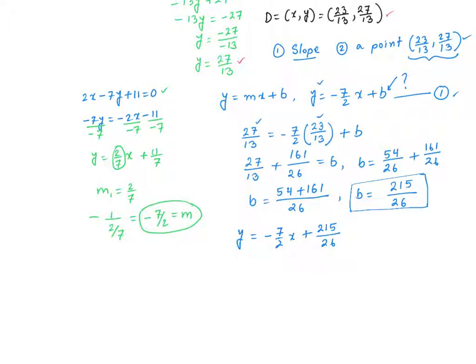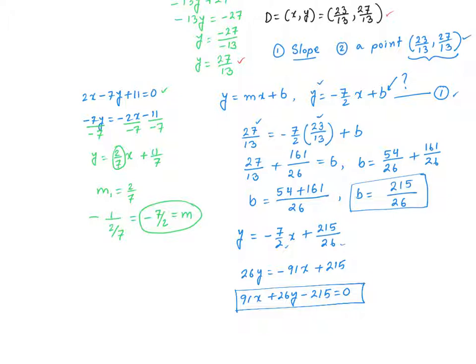Now I can simplify it by multiplying both sides of this equation by 26, because the LCD of the denominators 2 and 26 is 26. So what I'm going to do, I'm going to multiply both sides of the equation by 26. If I do that, this is what I get. I get the following final equation here, which is this, by the way.